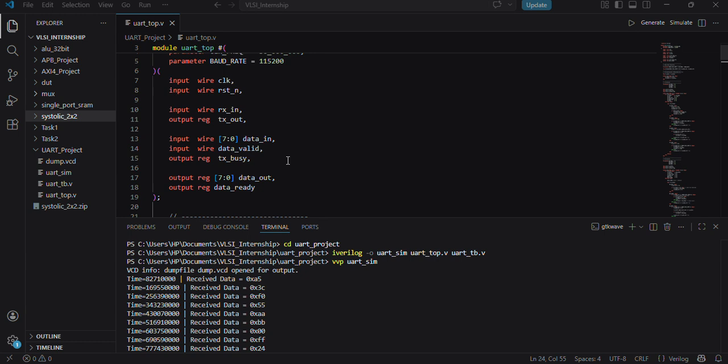The simple frame format can be a start bit, 8 bits of data, and then the stop bit. Only 3 bits can be added in the basic UART frame.